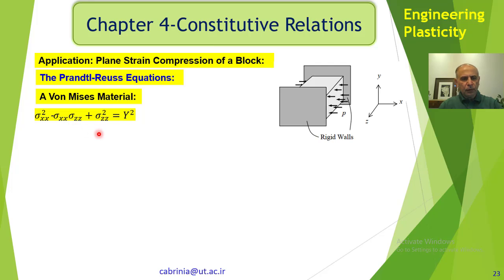It's because if you remember, the von Mises yield criterion was like this: sigma XX minus sigma YY to the power of 2 plus sigma YY minus sigma ZZ squared plus sigma ZZ minus sigma XX squared equals 2Y squared. And then we put sigma YY equal to 0, we get this formula.